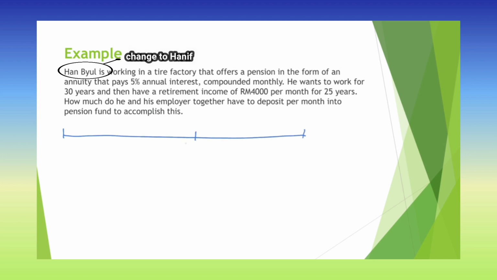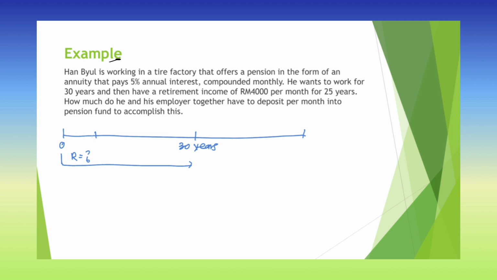For the first 30 years, Hanbil and his employer have to save R. So we have to find R here.